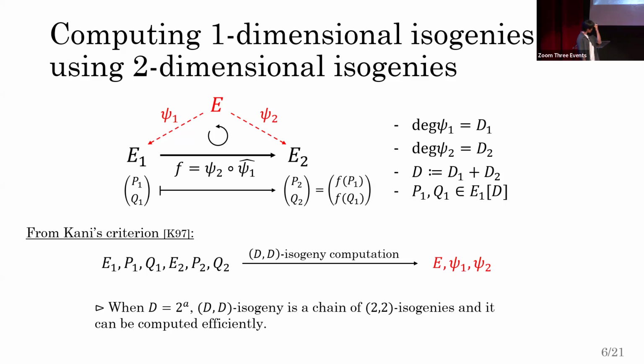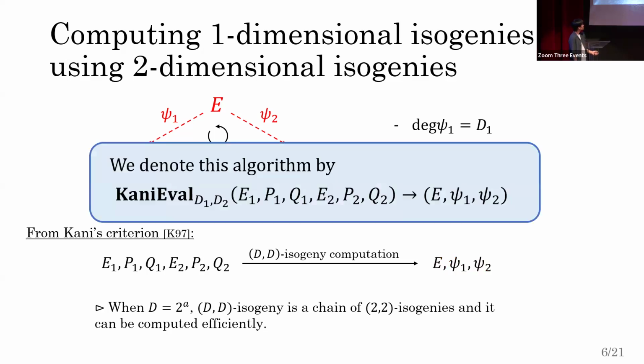Under this equation, it is known that if we are given these fixed values P1 and P2, then we can compute P and psi1 and psi2 by computing a d-dimensional isogeny. Especially when d equals 2 to the e, then the isogeny is just a chain of 2-isogenies, so it is easily computed. In this talk, we denote this algorithm by isogeny evaluation.